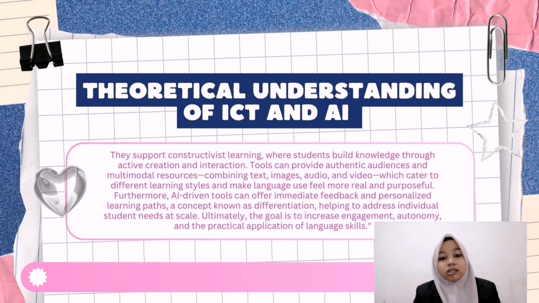They support constructivist learning, where students build knowledge through active creation and interaction. Tools can provide authentic audiences and multimodal resources, combining text, images, audio, and video, which cater to different learning styles and make language use feel more real and purposeful.